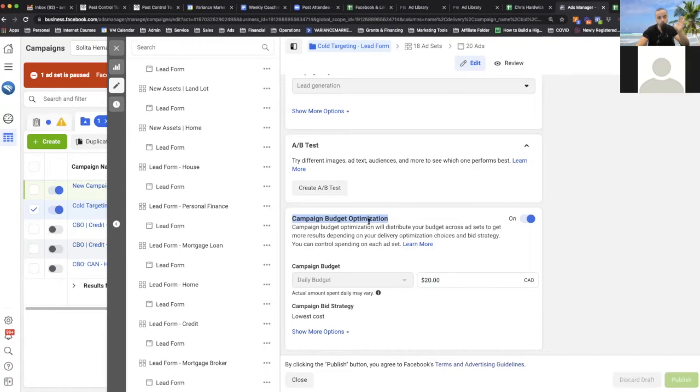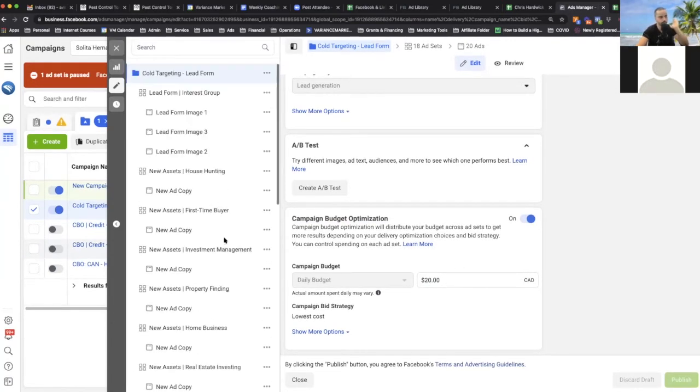Facebook will optimize your budget for you on the campaign level if you turn on CBO and you set a campaign-wide budget. Okay, you still with me on that? So we good for that? Adam, that makes sense so far. Yeah. So you're good on the campaign level.